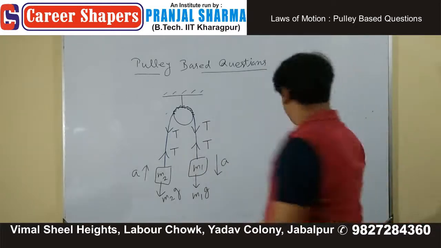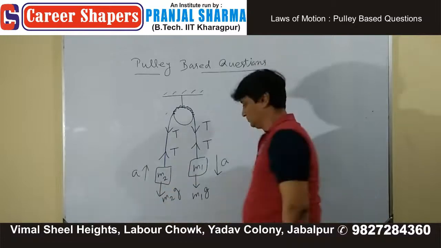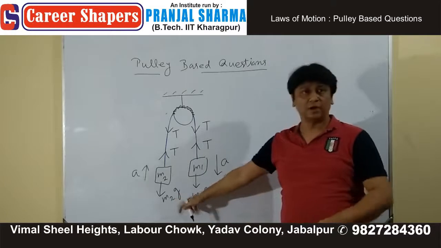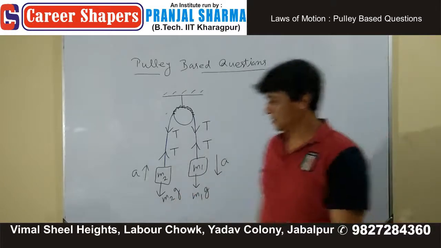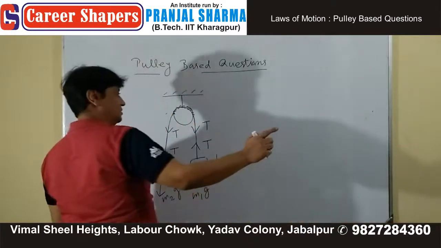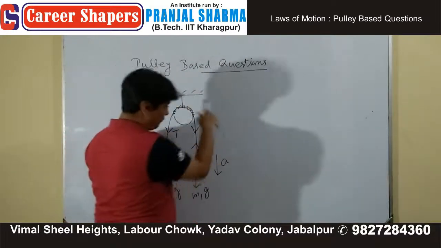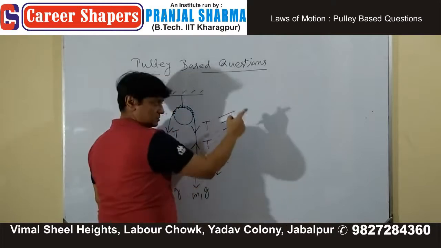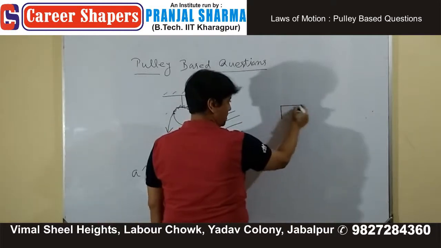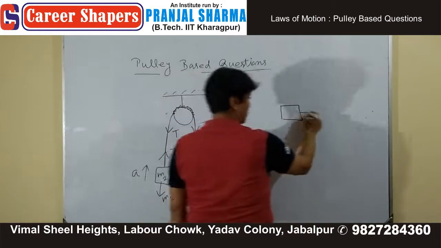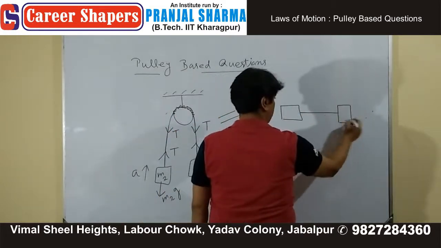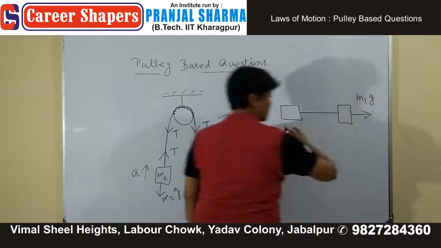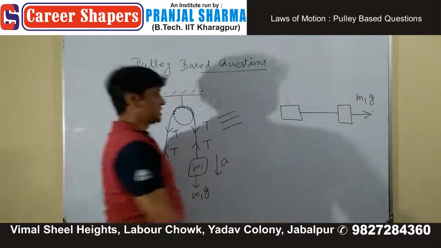If nothing is going to move, then m1g and m2g, they are opposing each other. And if they are opposing each other, then this whole figure is nothing but this. A force of m1g is pulling it in this direction.